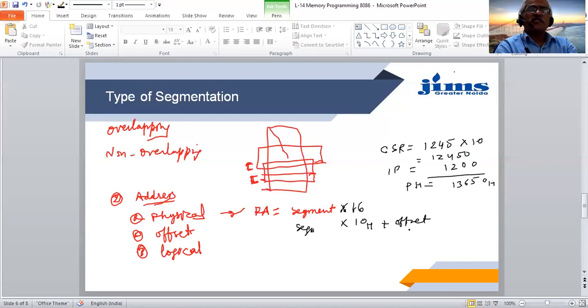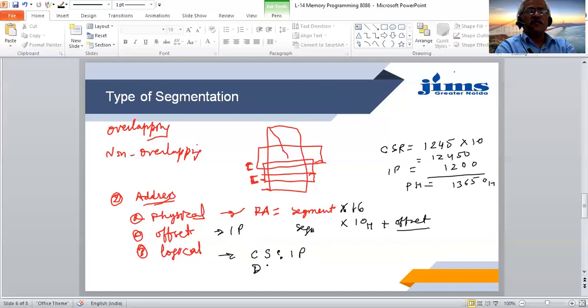The offsets are stored in the IP. IP is a 16-bit register, so within that particular segment, all the addresses are known as an offset, which are pointed to by the respective pointer register. The logical addresses are written in the format of CS and IP if it is the code segment register.